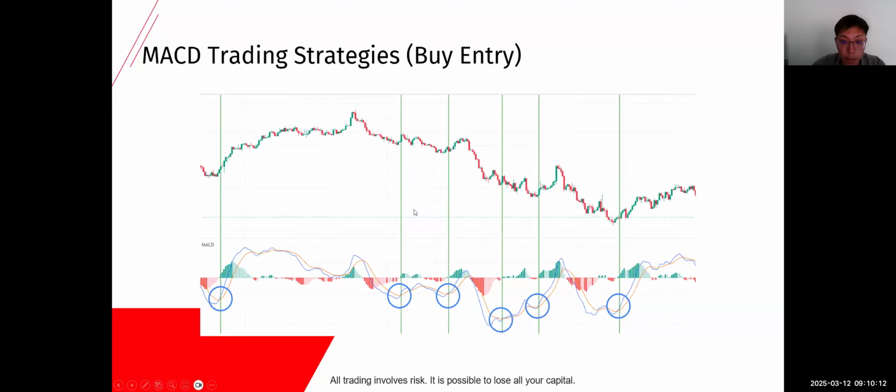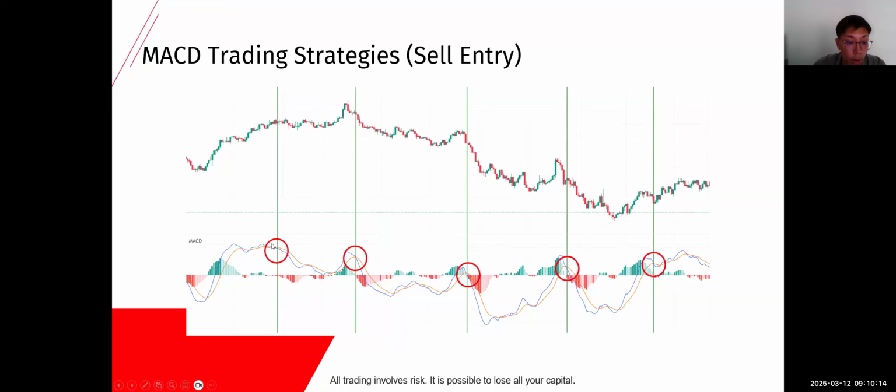Okay, so what about sells? Sells, simply put, is the blue line crossing below the orange line. Very simple stuff. It's just vice versa. Then you can enter sells over here, here, anytime where there's a crossover right here. Here as well. You can see there is a short-term sell over here.